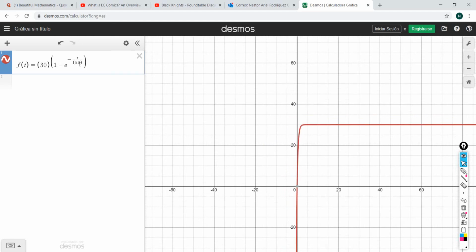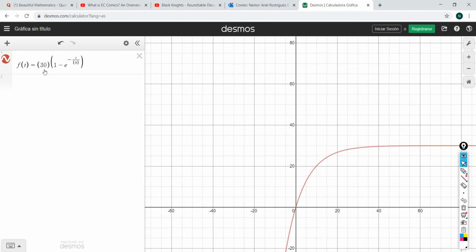0.3, 0.5, 0.8. Look at what's happening to the graph of the function as I'm increasing this value. 1, 2, 3, 4, 5, 6. This is what you have to do, guys. Just play with this function and try to understand, try to interpret the physical meanings of this constant C1 and this constant C2.